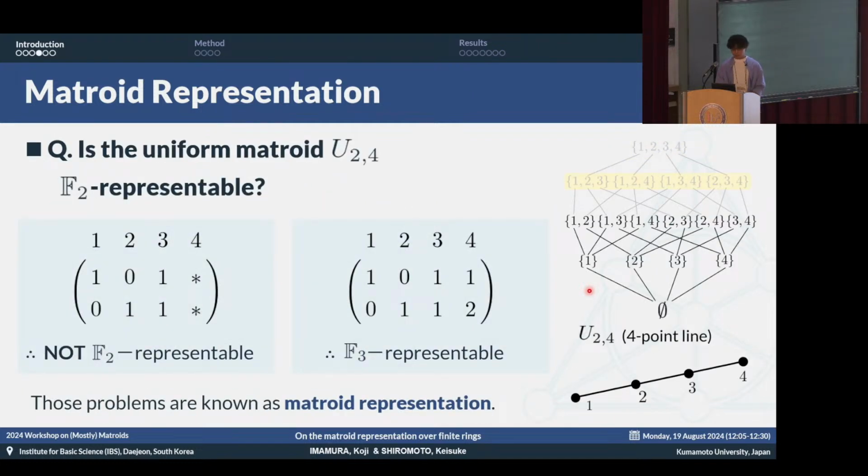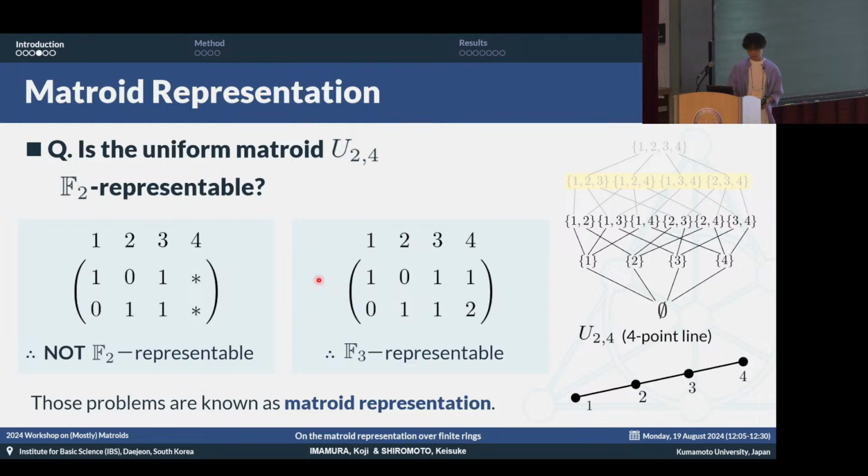On the other hand, not all matroids can be represented as a matrix over any finite field. For example, considering whether the uniform matroid U_{2,4} is F2-representable, we can easily see that U_{2,4} cannot be represented over F2, but if the order of the field is at least 3, then it is representable. Those problems are known as matroid representation.